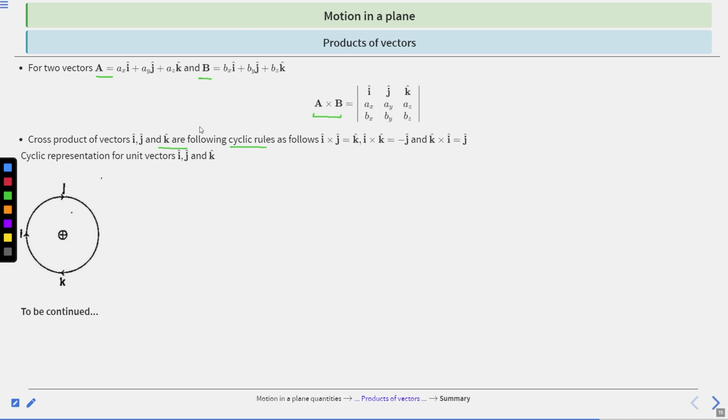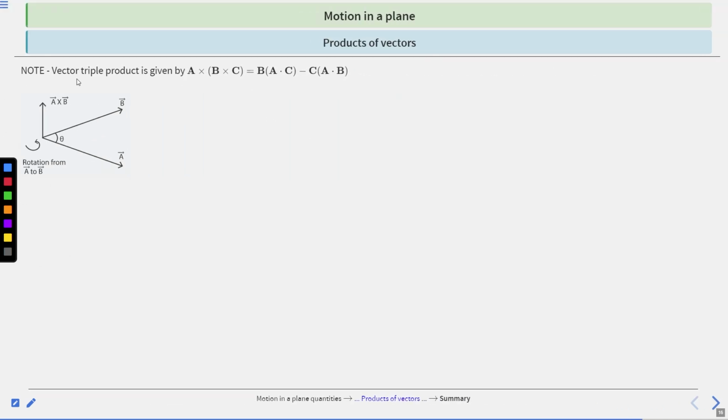If we move anti-clockwise, then the answer will have a minus sign. Clear? So this is the product of vectors.